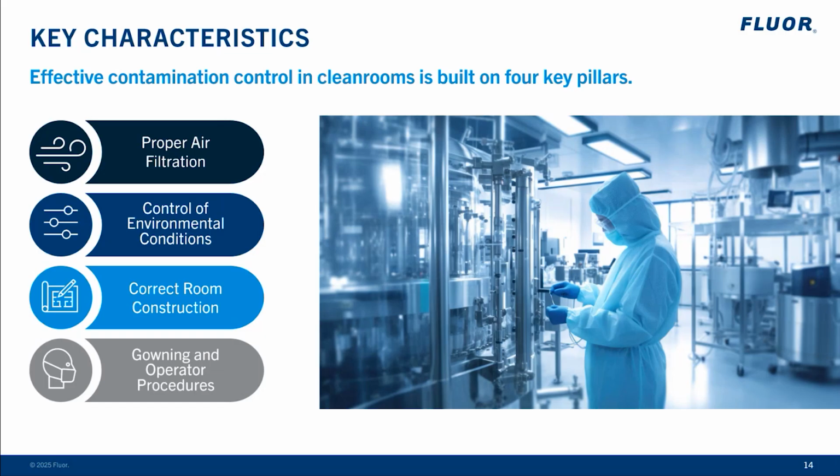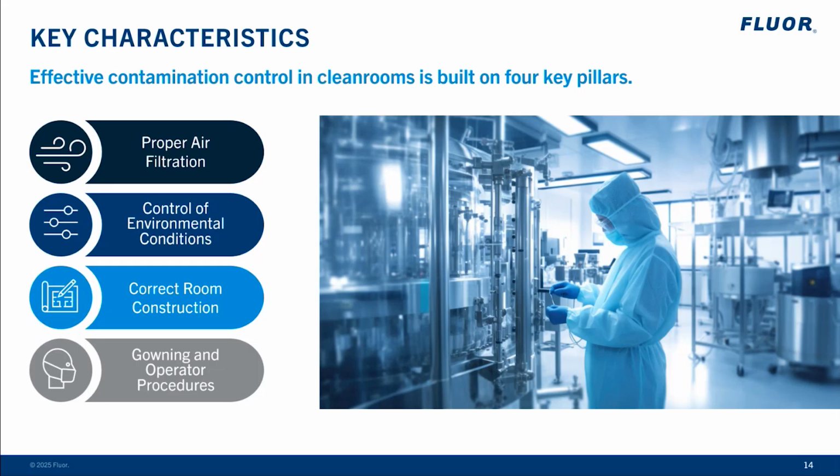The second pillar is maintaining appropriate environmental conditions. This includes controlling temperature and humidity to provide stable conditions for both the product and the operator. Proper pressure cascades are also critical to prevent contaminants from entering the cleanrooms from outside. The third element is the construction and finishing of surfaces.